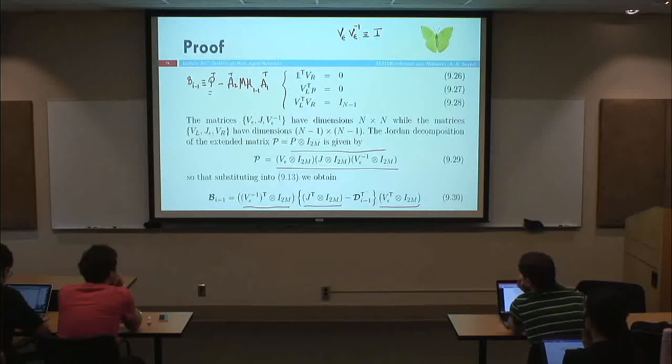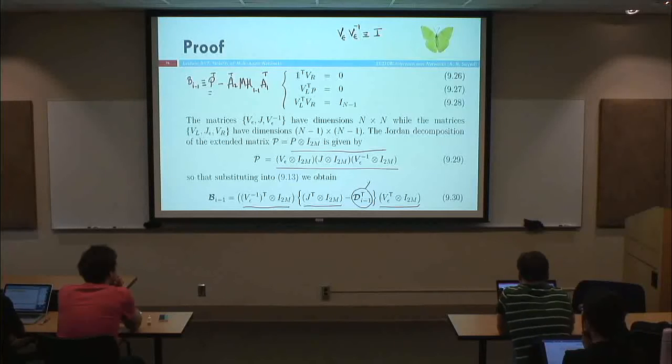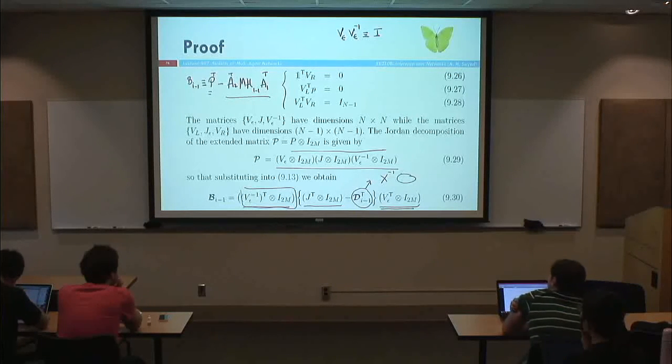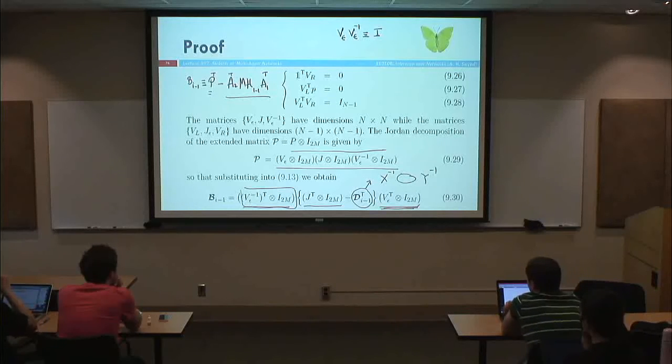So you see, I defined a matrix here, and the way I defined it, you are going to see on the next slide, it is the inverse of this first matrix, right? Let's call it the inverse. This quantity, and then the inverse of this matrix, right?